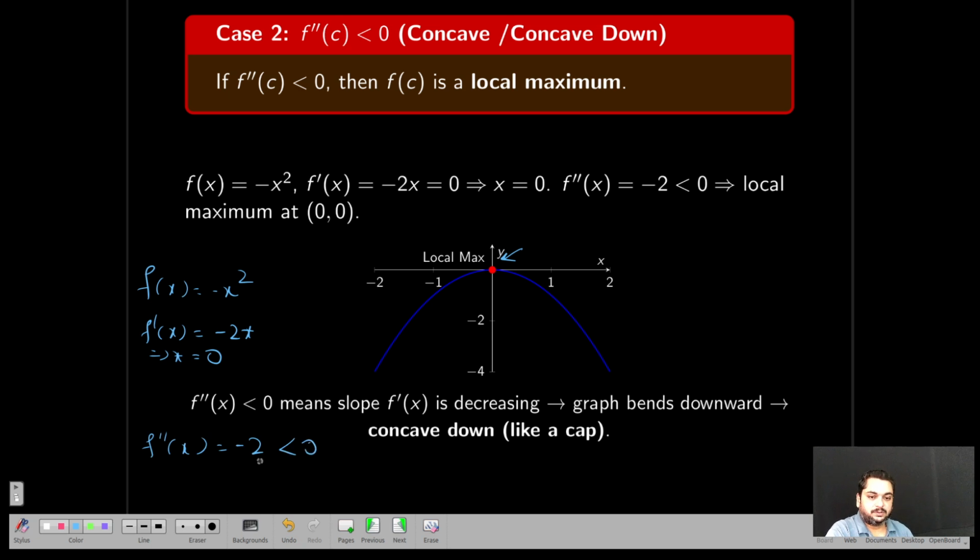This is less than 0, hence the curve is bending downwards. The slope of the tangent is decreasing from this point. So the curve is concave or concave down. That is how you have to test.